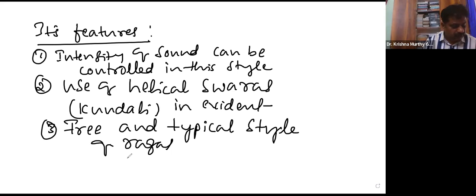And another important thing: much importance is given to the purity of swaras.